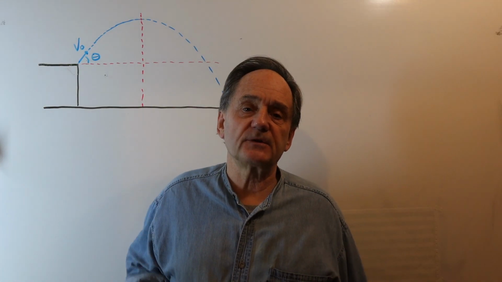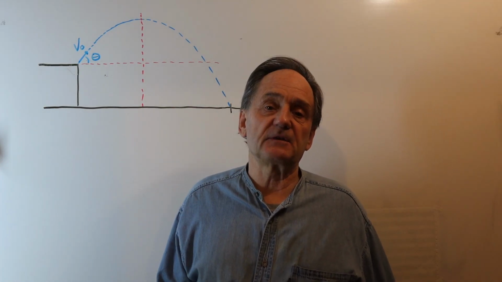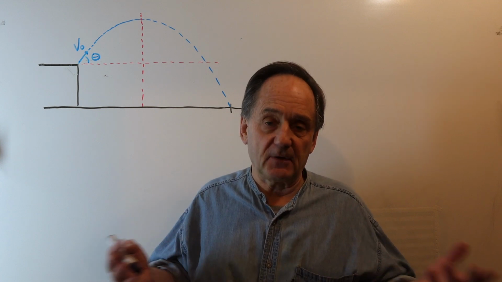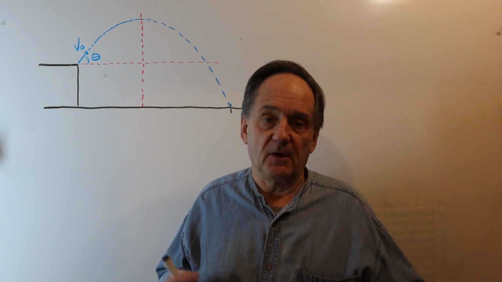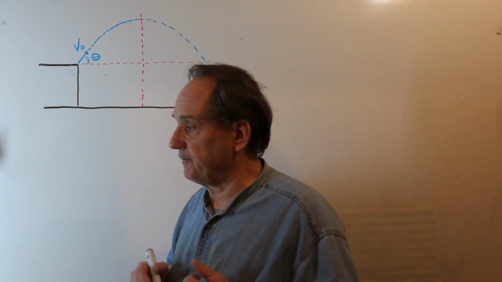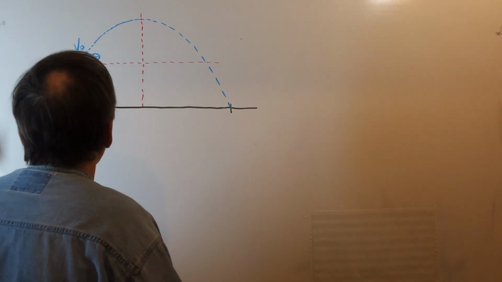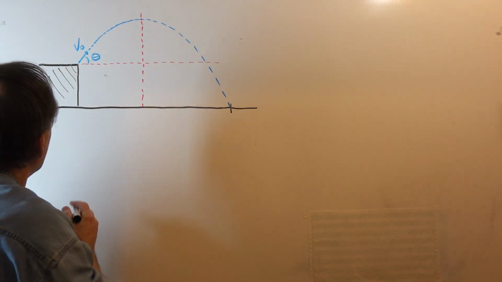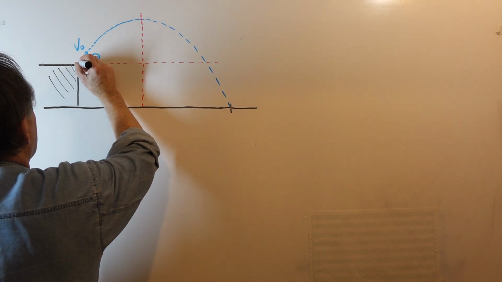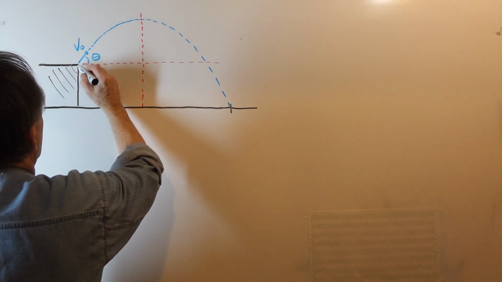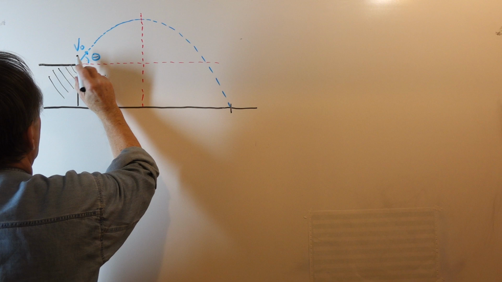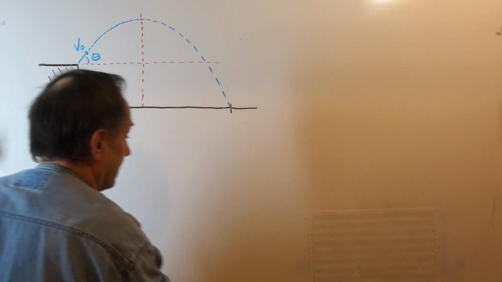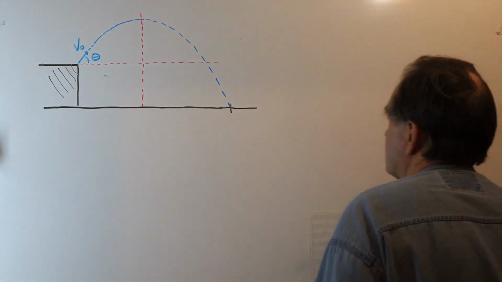We're going to now solve a ballistics flight problem. We're going to solve it in a general manner so that it will be applicable to other ballistics problems. Say we have a building sitting here, and a gun or a cannon on the edge of the building, and we're going to shoot a projectile with an initial velocity v0 at an angle theta with respect to the horizontal.